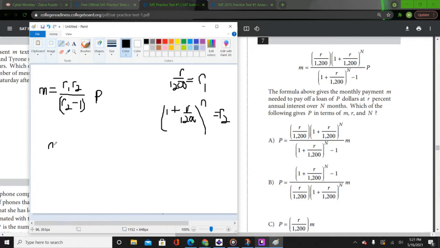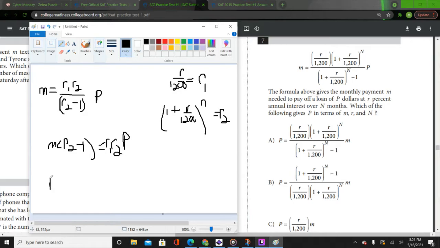So we have M times R2 minus 1 is equal to R1, R2, and P. And then to get P, we'll divide by R1 and R2.